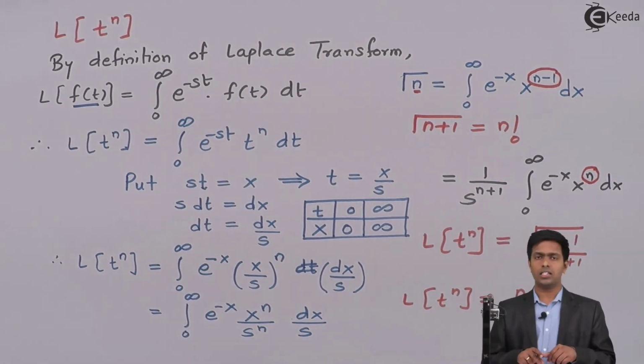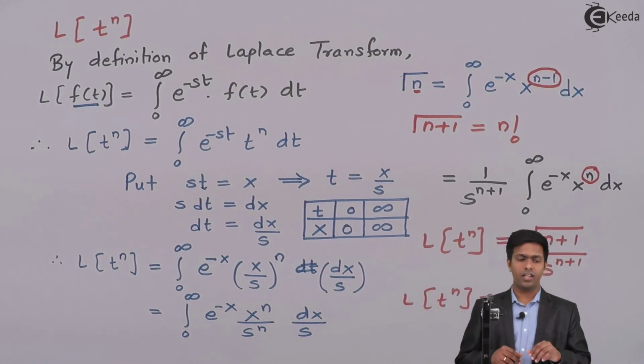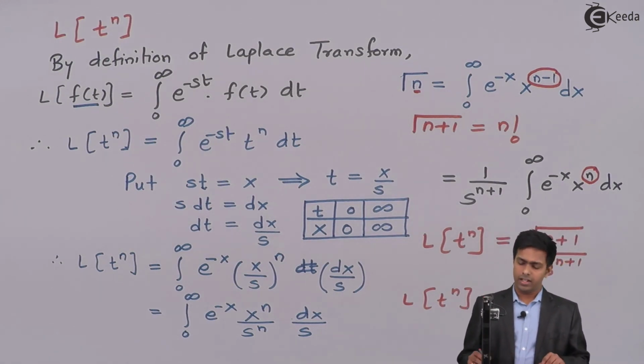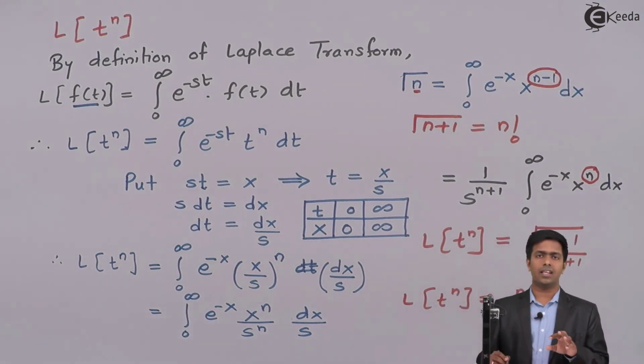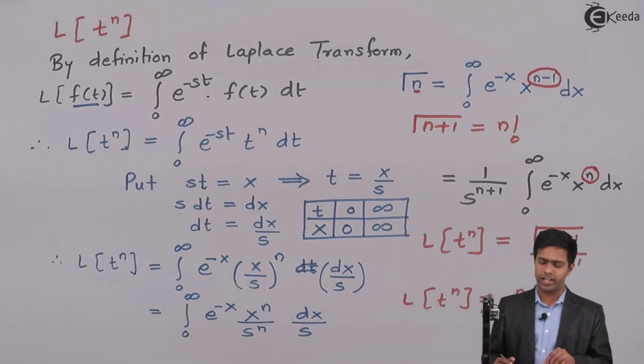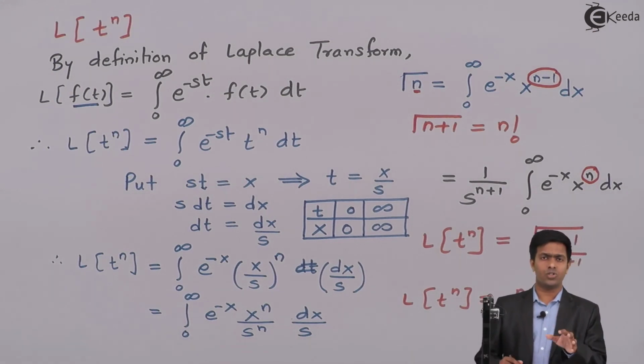Both formulas are applicable to find the value of Laplace of t raised to n, but generally we use the second formula, the n factorial formula, when this power n is an integer, because to get the factorial of an integer is very easy, that is to get the factorial of 5, factorial of 4 and so on.